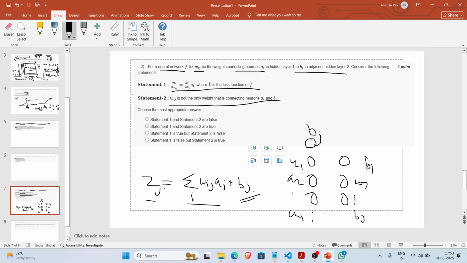Now you have a loss function L, and what you need to calculate is del L by del Wij. First of all, you can write it as del L by del Bj, and Bj is here, and now you're taking the derivative with respect to Wij.